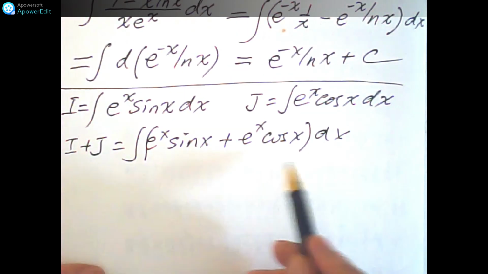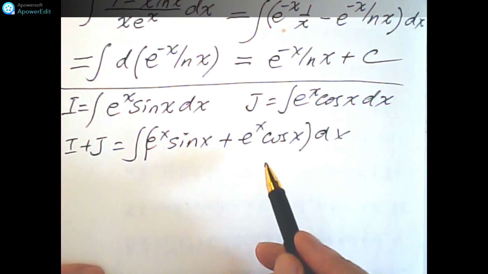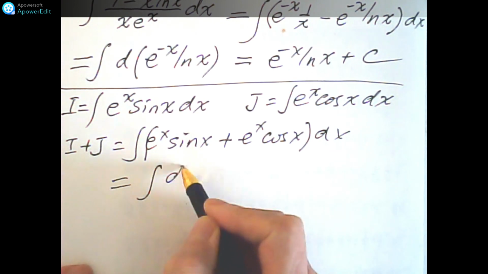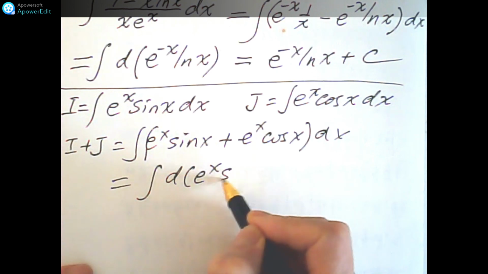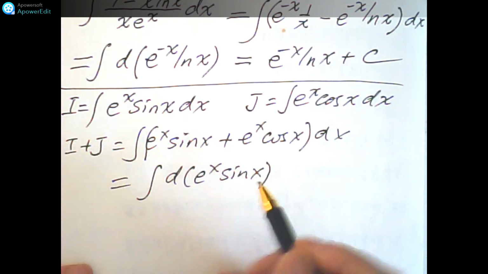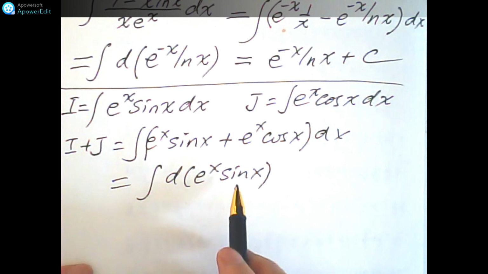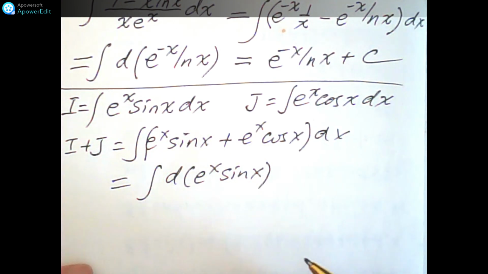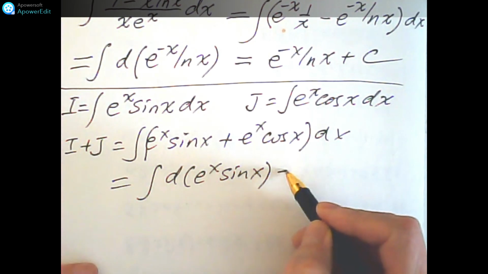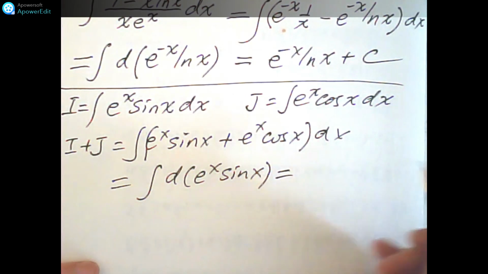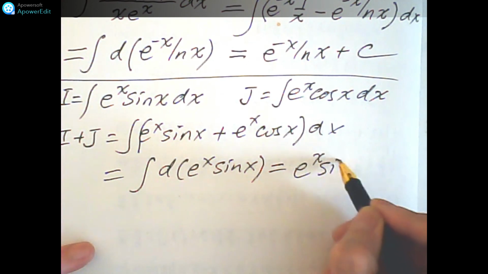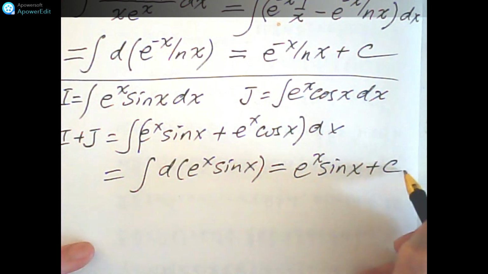Yeah, this is the derivative of a product, which is e to the x times sine x. The derivative of this times sine plus the derivative of sine, which is cosine, times that. See this? This is equal to e to the x sine x plus c1.